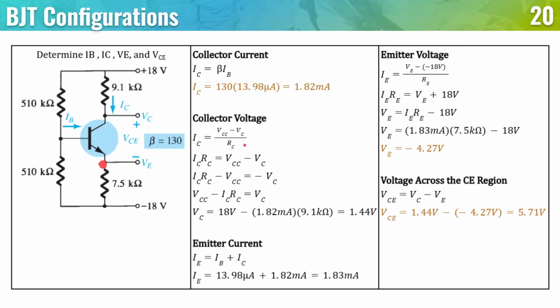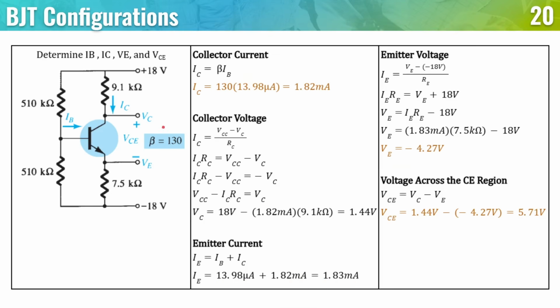Because we still have IC. So I'm going to skip this first. I'm going to go here. IE is equal to IB plus IC. So you have IC here and IB from the previous slide. You can add that to get 1.83 milliamperes.